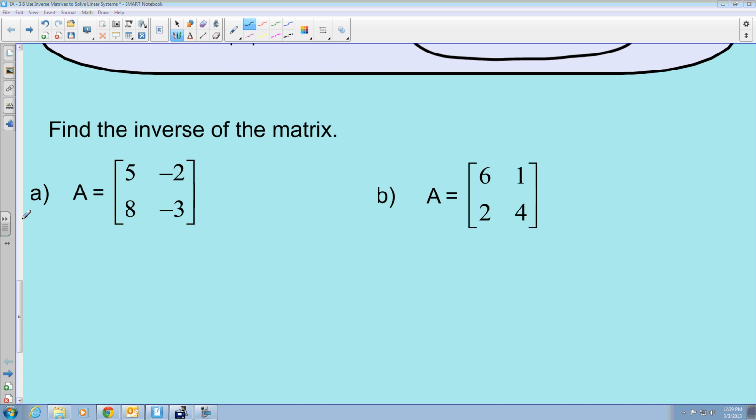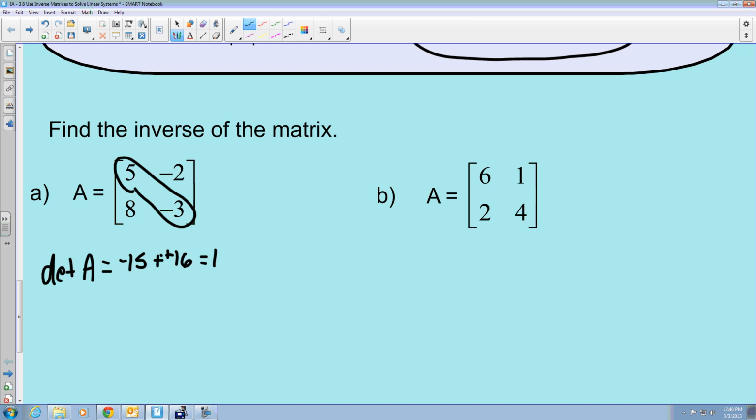First thing I'm going to do is find the determinant of A. So the determinant of A equals -15 minus -16, so this plus, this equals 1. So my determinant for A is 1.